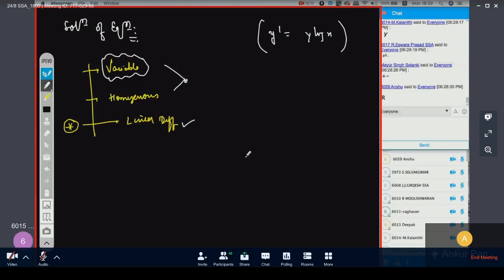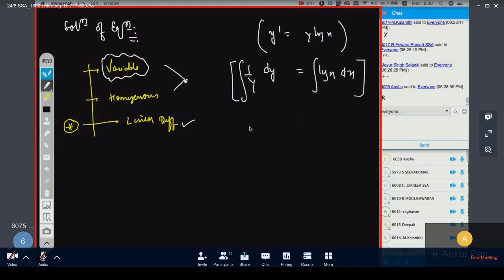Now what is the curve? You have to solve it. So first you separate the variables: y one side, x one side. y dash can be written as dy by dx, right or not? So y comes this side, equal to log x remaining there.